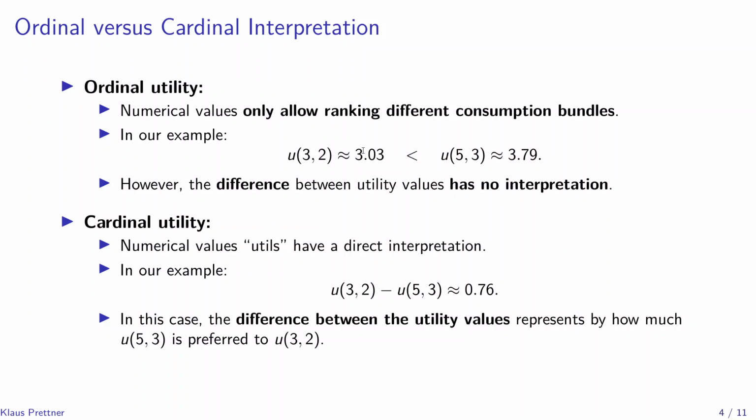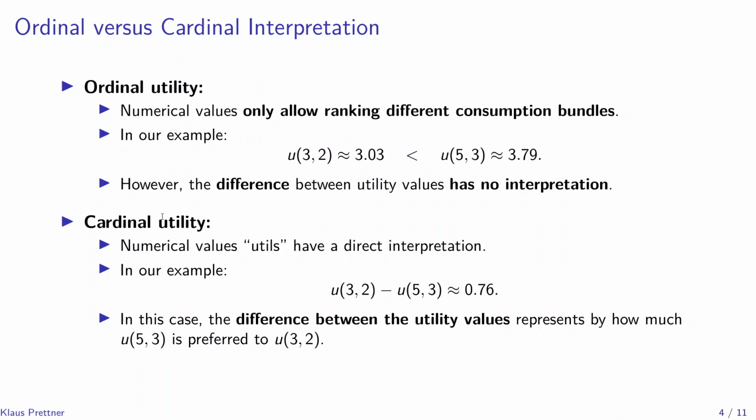But the difference between these two values has no interpretation whatsoever. So according to the ordinal utility interpretation, we cannot infer from the difference between these two numerical values in any way how much the consumer prefers the consumption bundle (5,3) to the consumption bundle (3,2).